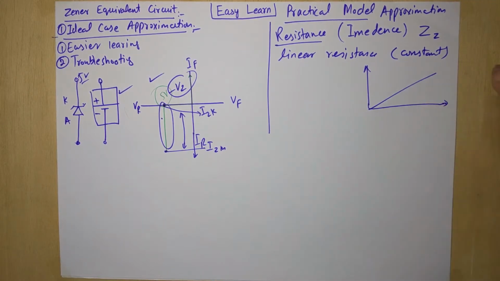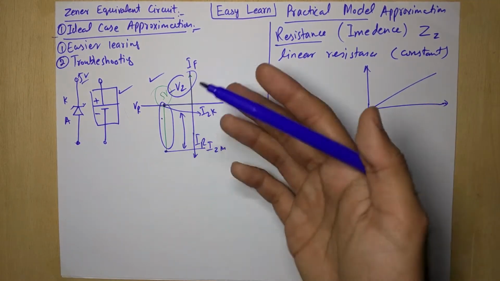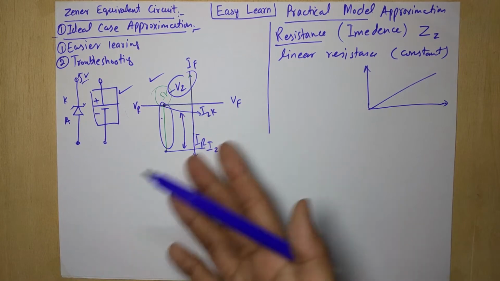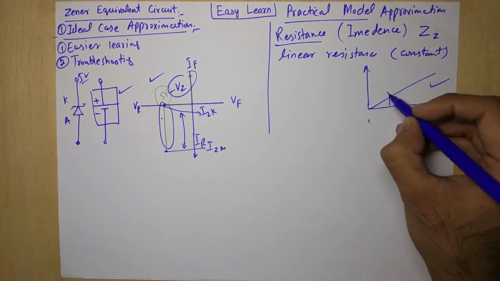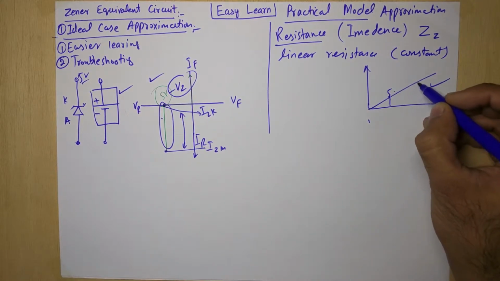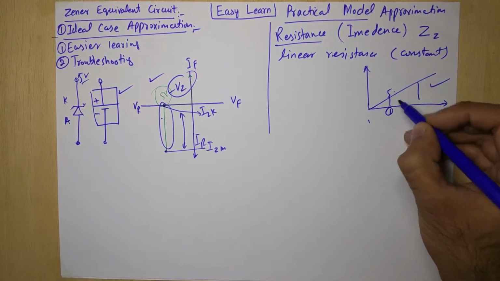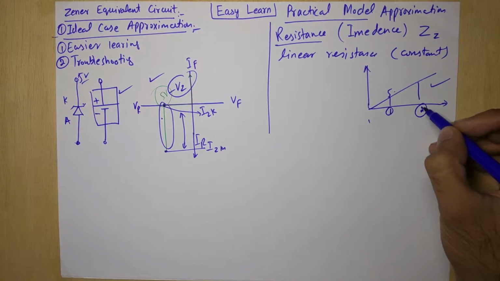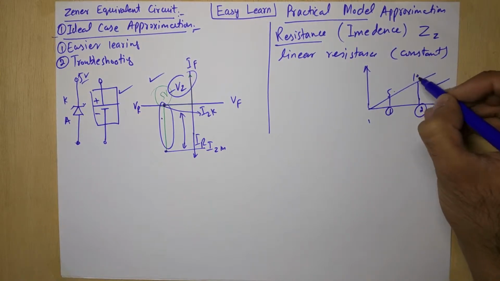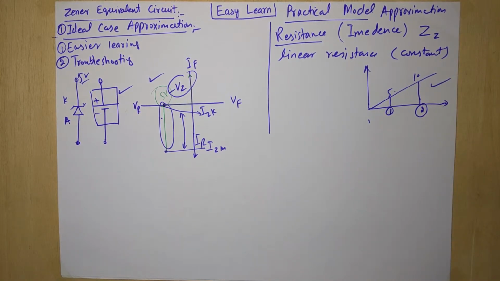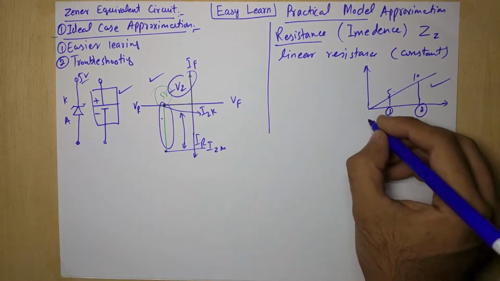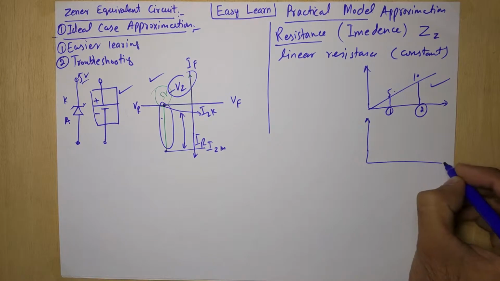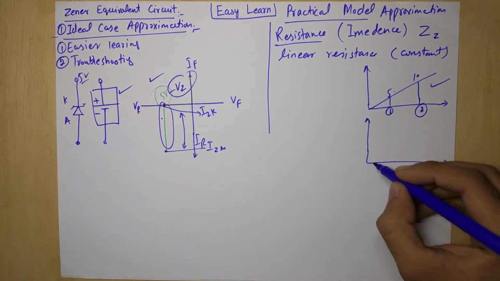If it continues with the same pattern, sorry, here I'm talking about just this case with no resistance: at point 1 it is 5, at point 2 it will definitely be 10, and it will continue in the same pattern and not change. This is the ideal case, or you can say just an approximation.